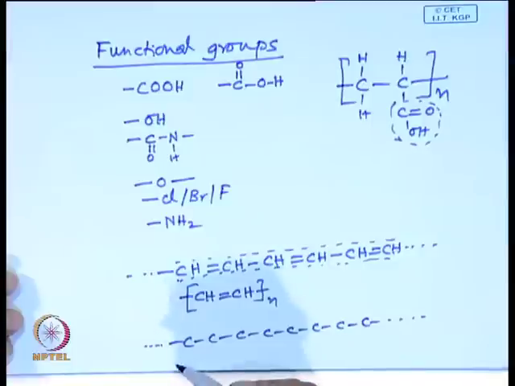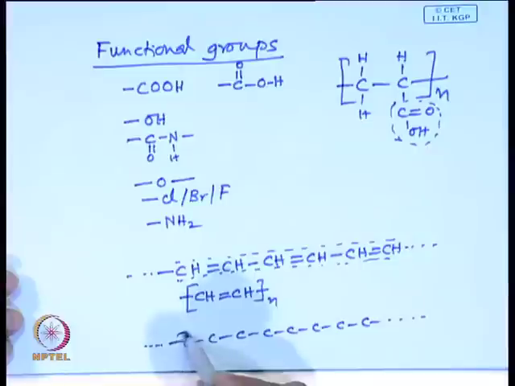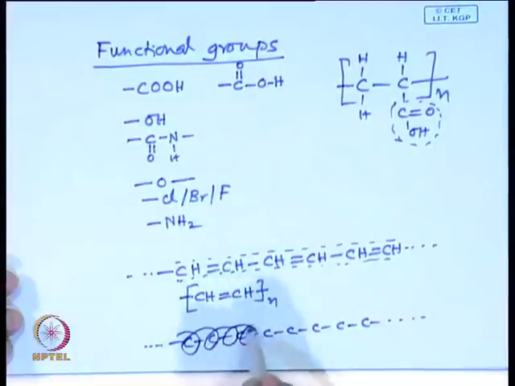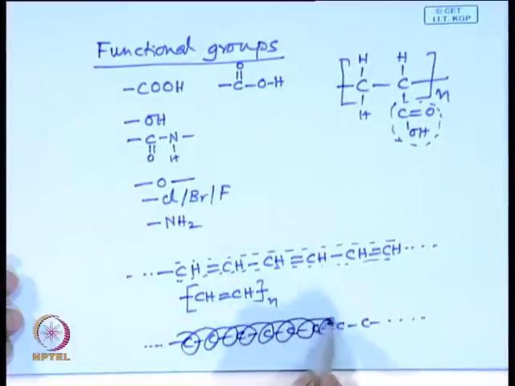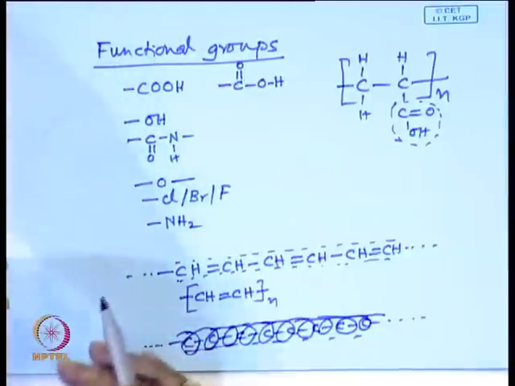Surrounding this carbon skeleton like a thread, it can have a cylinder of pi electrons, like a solenoid. That means this carbon skeleton remains within the center of this electron cylinder.